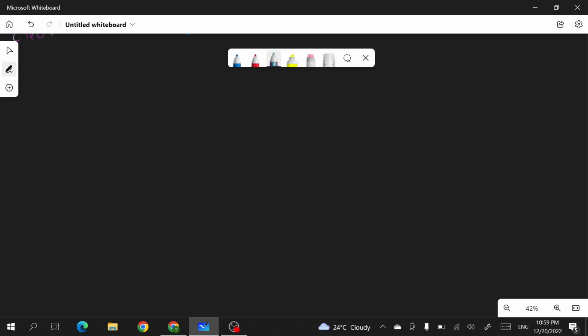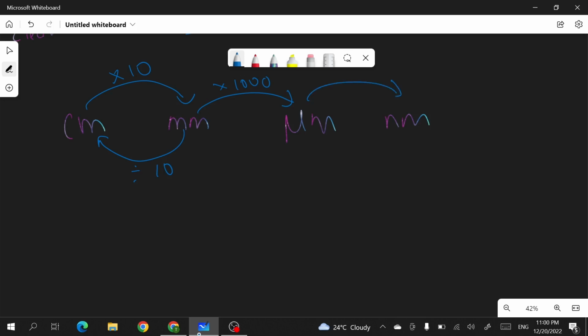Then you have some scaling in it, which is millimeter, and then micrometer. So basically from centimeter to millimeter you just multiply by 10. From millimeter to micrometer, you have to multiply by 1000.